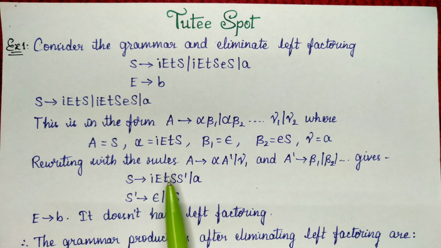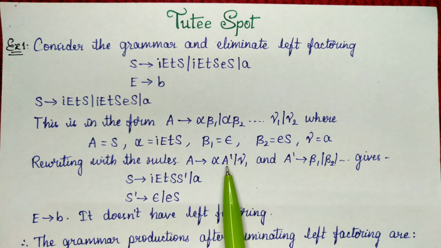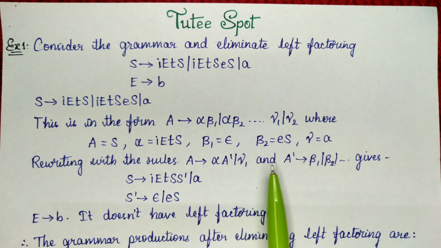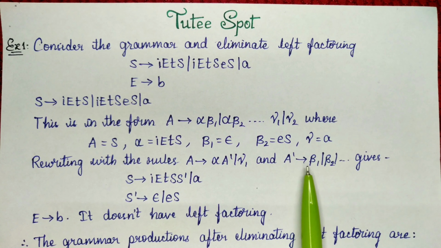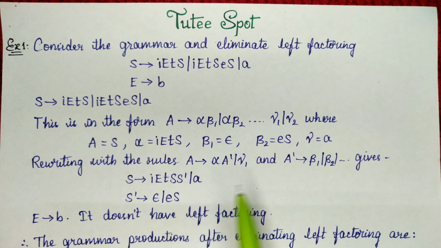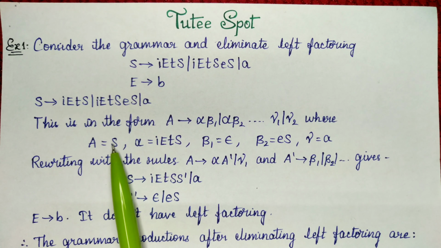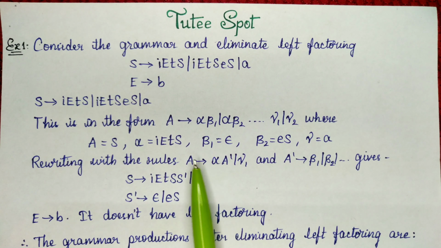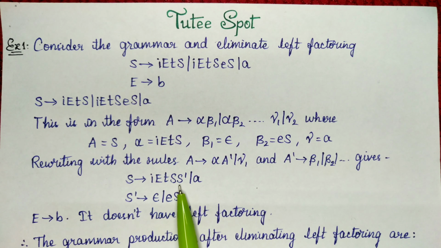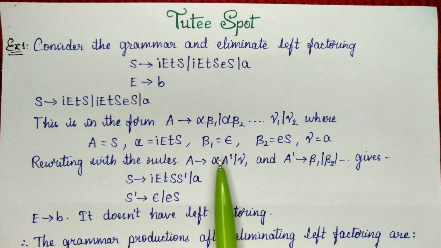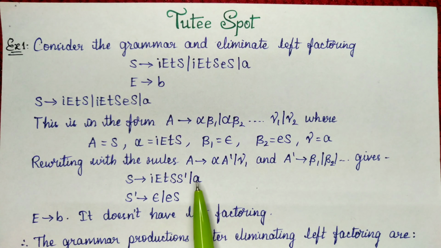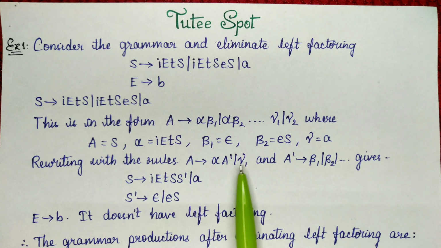And rewriting it with the factored out grammar, the rules are A implies alpha A prime or gamma 1, and A prime implies beta 1 or beta 2 and so on. So it gives A means S, and alpha means iEtS, and A prime means S prime, or gamma 1 means a.